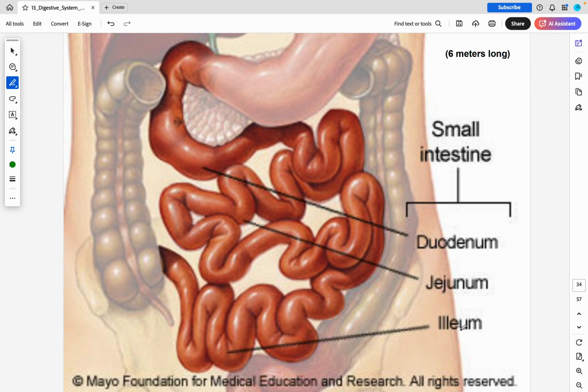Within the villi, these smaller subsets, the microvilli, form the brush border appearance of the tissue sections of the internal lining of the small intestine. Material from the small intestine will then be received by the large intestine.